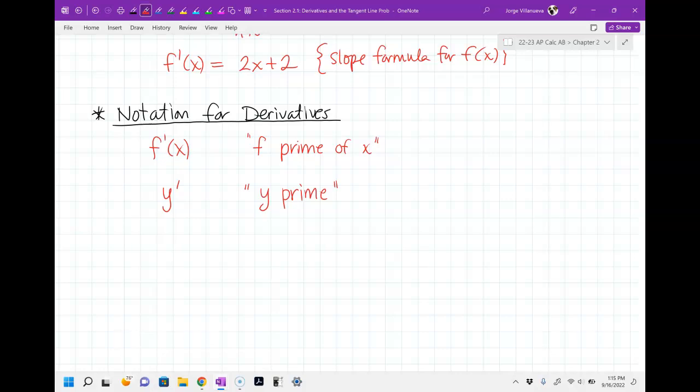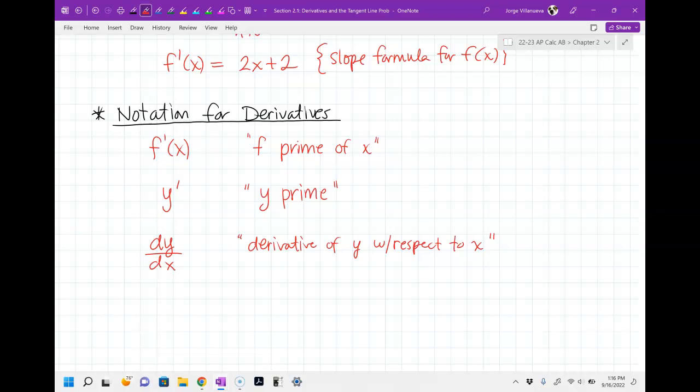All math. So y prime, another one that's very popular, and you're going to see me interchange. Sometimes I'm going to use y prime, sometimes f prime of x, sometimes I'll use dy dx, which means the derivative of y with respect to x, meaning I'm going to take a derivative, and the variables I'm taking derivatives of are x's.